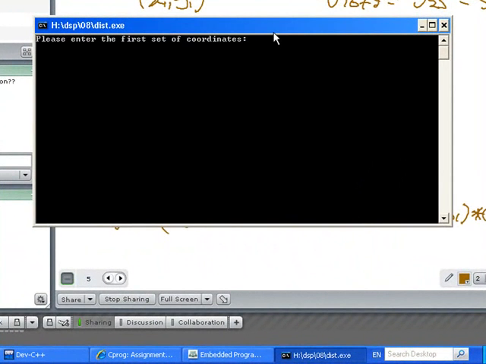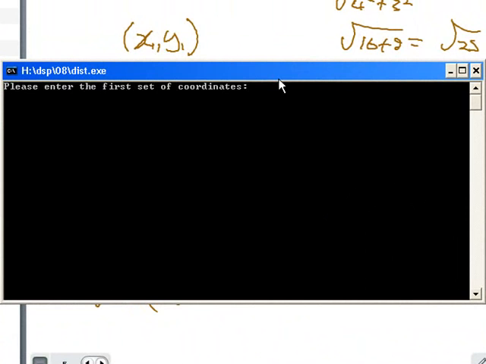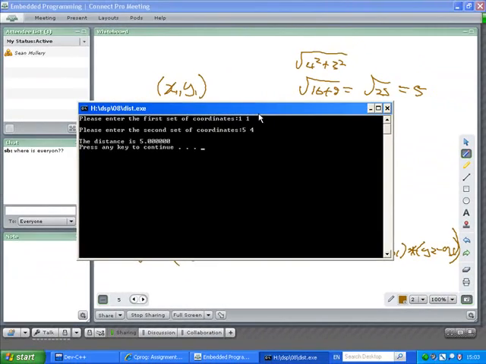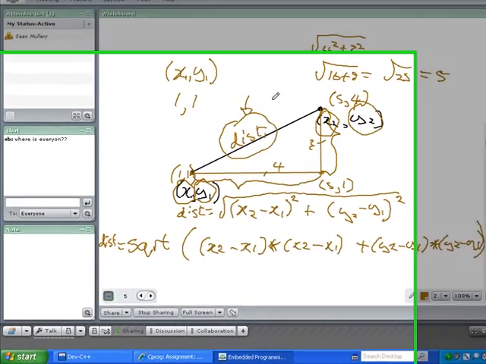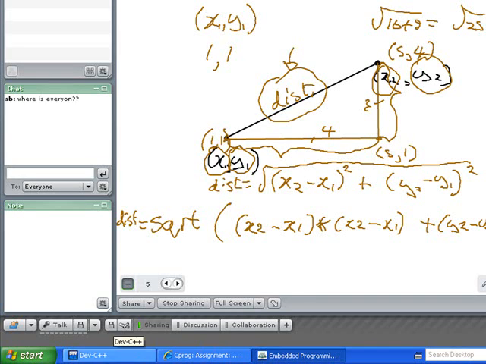Never test these programs without knowing exactly what the result should be, or otherwise you have no idea whether it's working correctly. So let's give it a go. 1 space 1, that's the first set of coordinates, and the second set of coordinates is 5 space 4, and we can see that the distance is 5 exactly. Okay, so that's how that program is done.